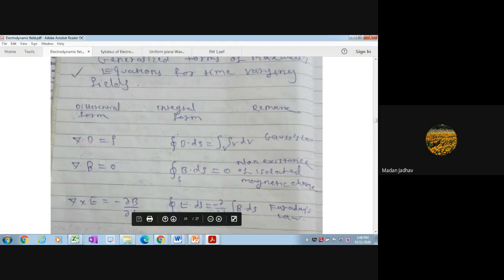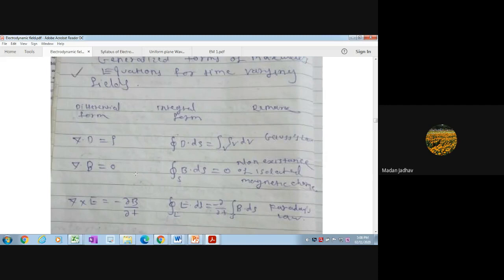We can also convert these Maxwell's equations from point form into integral form by using the divergence theorem, and another theorem is the Stokes theorem. By using these theorems, it is possible to convert integral form into point form, and point form into integral form.